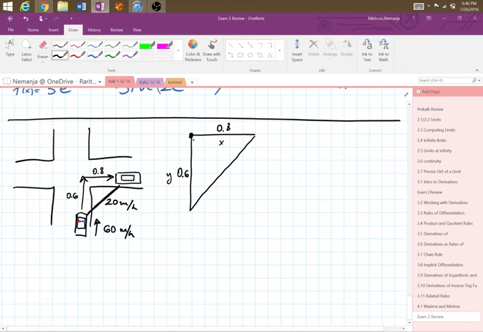The y appears to be negative over here. But wait, did I say from the west or from the north? Our police cruiser is approaching a right-angled intersection from the north. It's not going north, it's coming from the north, which means I have to now draw the whole thing again.